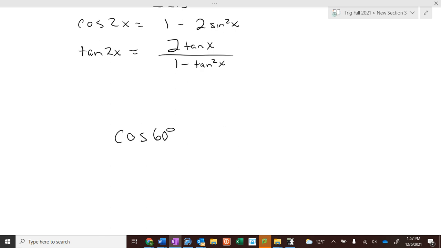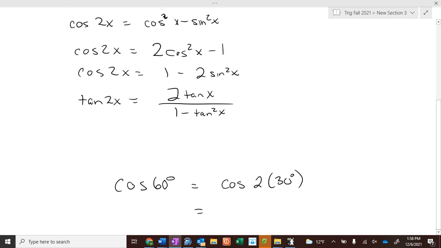Now, using double angle identities, what I'm supposed to do is take it as the cosine of 2 times 30 degrees. And you're going to have to show double angle identities on your test. You're going to have to show each step, so you do have to learn how to do this, even though you know the answer already. The answer is going to be 1/2.